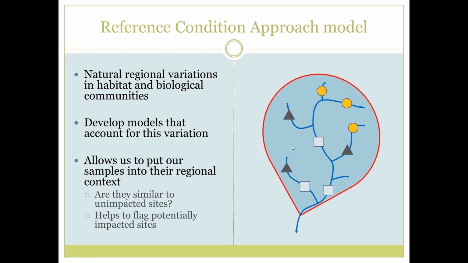It allows you to ask the question, okay, is this site similar to other unimpacted sites within my watershed that are of a similar community type? It also allows you to say, if it's different, okay, well this then raises a flag. So maybe there's a potential impact that's happening at this site that isn't happening at my other 2 sites, which would have similar community types. So basically you can use it as a flagging tool that you can then go in and do further investigation.